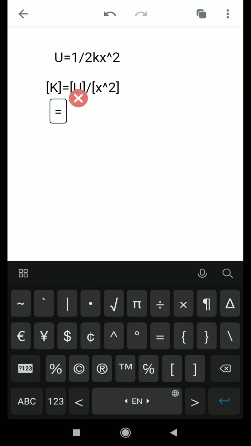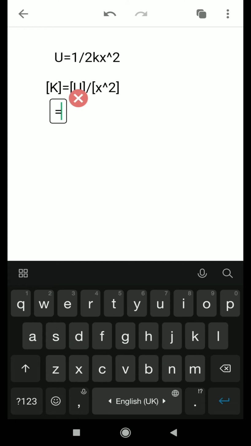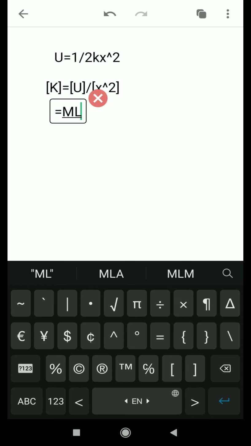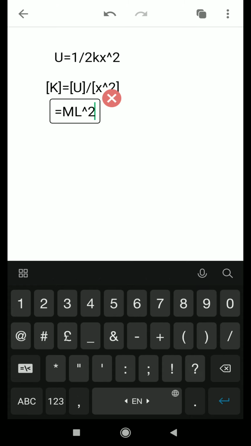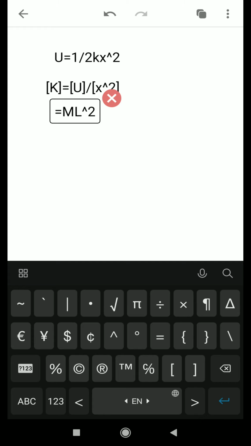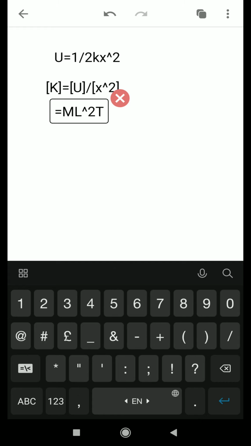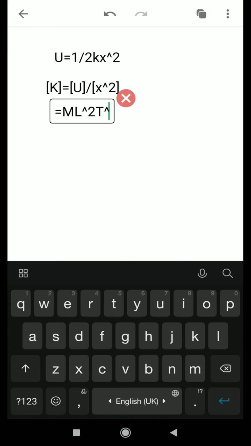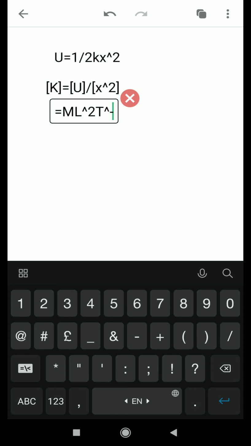The dimension of U is M L square T to the power minus 2, divided by the dimension of x, which you all know is distance. So the dimension of x is L, so x square is L square.